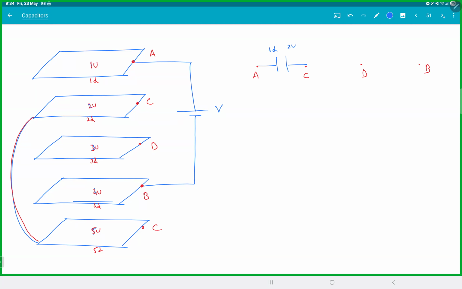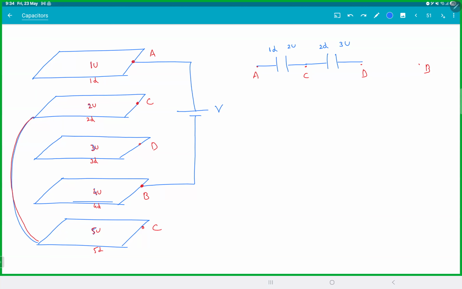Next capacitor is between C and D. That is constructed by 2D and 3 up. So 2U and 2D are both C only. Can you see? So if someone asks you to find the charge on plate C, you have to say 2U plus 2D ka charge. Is that clear, everyone?